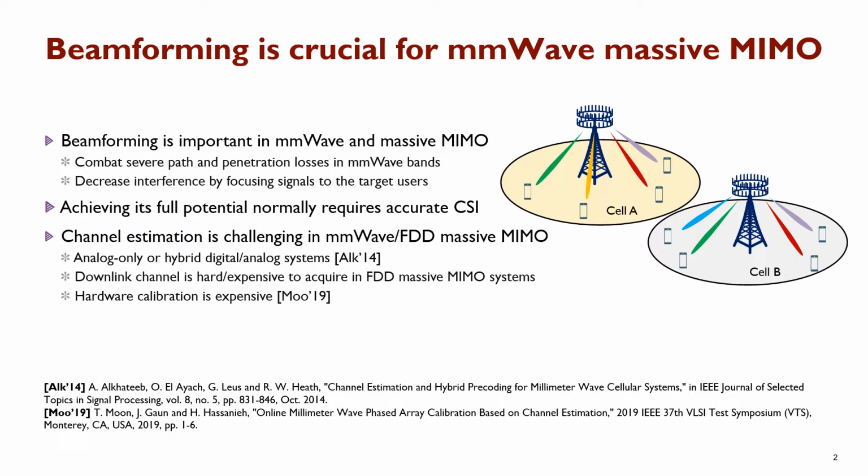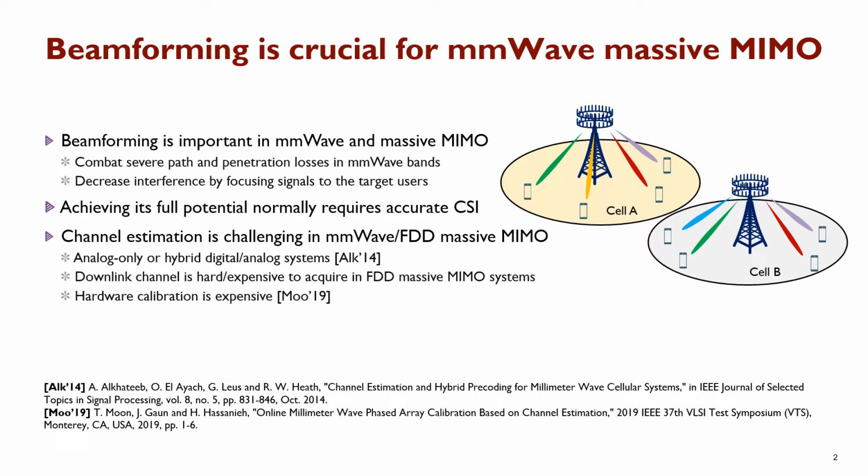However, to achieve its full potential, accurate channel state information is normally needed, but this is difficult for the following reasons. First, due to the hardware cost and the power consumption, analog-only or hybrid architectures are normally adopted, which makes the channel estimation process different than the sub-6 systems, where each antenna has its own RF chain.